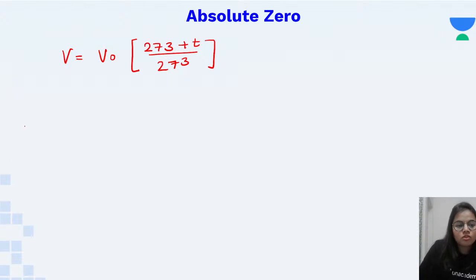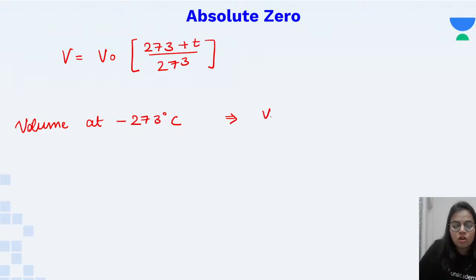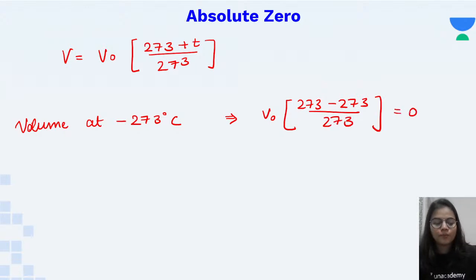Now if I want to find the volume at minus 273 degrees centigrade, what will my volume be equal to? V naught into, if I put the value of temperature as minus 273, it will be like this, and that will be equal to 0.